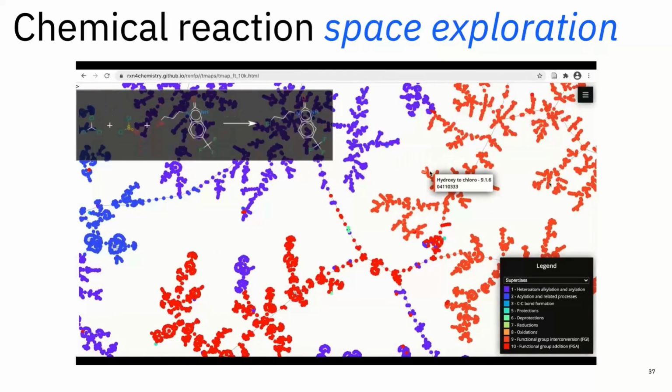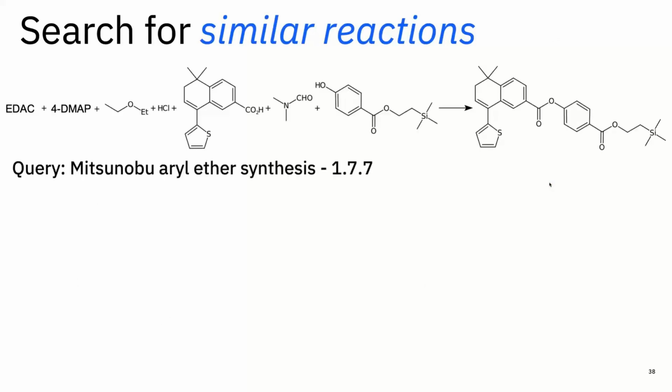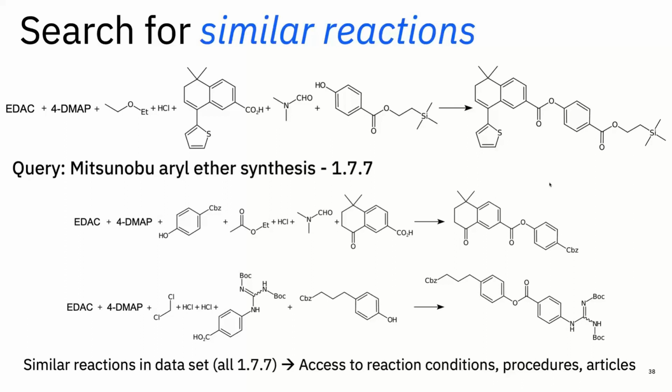We can use this reaction fingerprint also to search for similar reactions. For example, if we gave this Mitsunobu reaction here as an input, those would be the nearest neighbors in our data set.